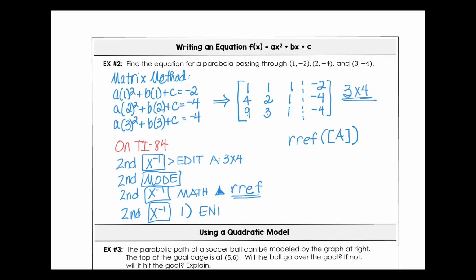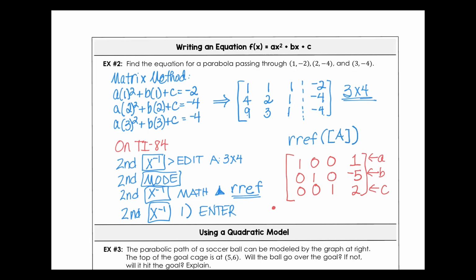And when you press enter, it's so magical. You're going to see our reduced row echelon form, with the first column being 1 and 2 zeros, the second column being 0, 1, 0, the third column being 0, 0, 1, and then we have our A and our B and our C value. So here's the value for A, this is our B value, and this is our C value.